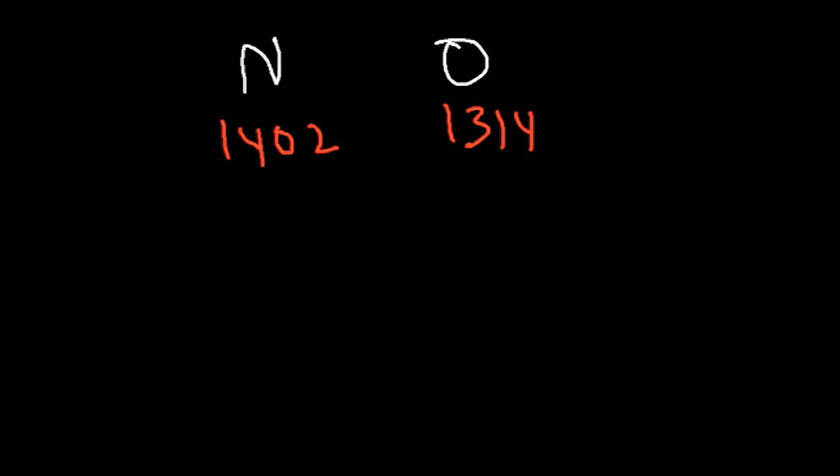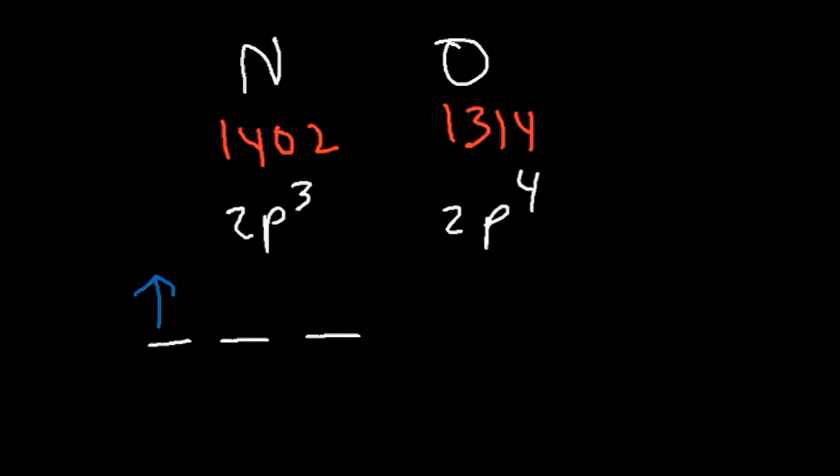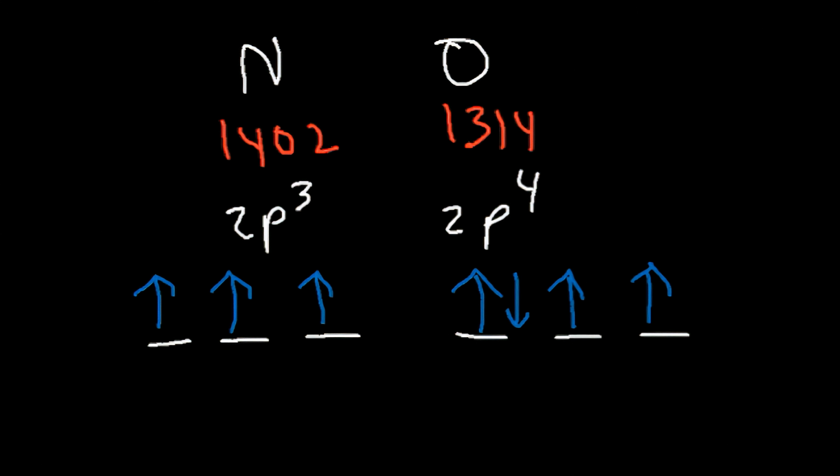The electron configuration for nitrogen ends in 2p3, and for oxygen it ends in 2p4. Now, for nitrogen, it has 3 unpaired electrons, but for oxygen, it has a paired electron. This paired electron is the one that's being removed.